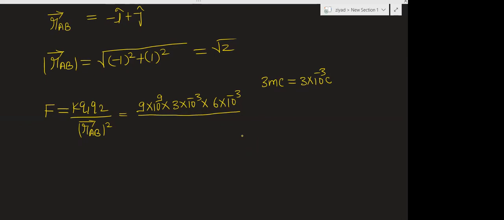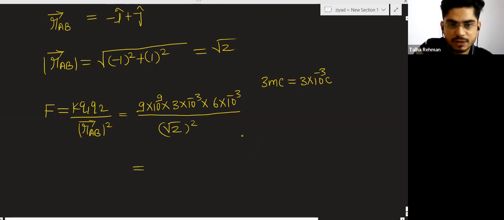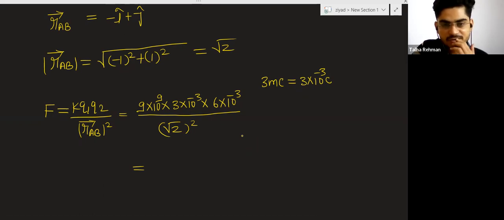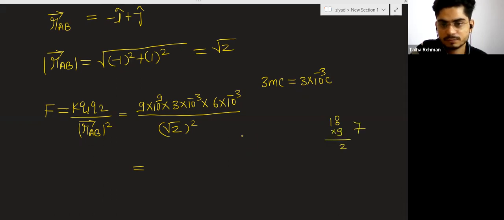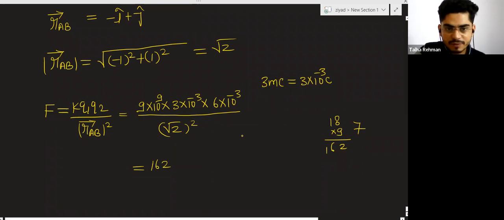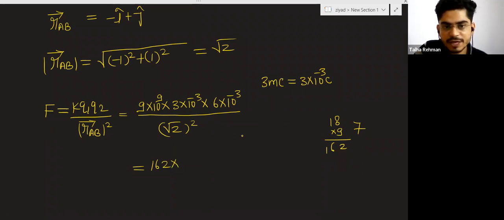6 into 10 to the power minus 3, and the distance is root 2 square. So you will get this, 162 into 10 to the power 9 minus 3 and minus 3, 10 to the power 3.